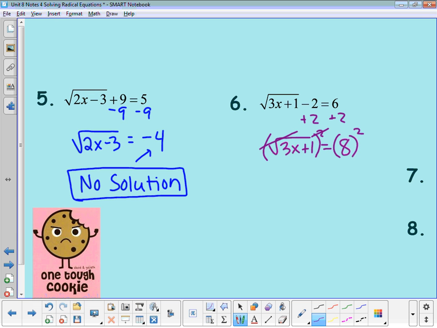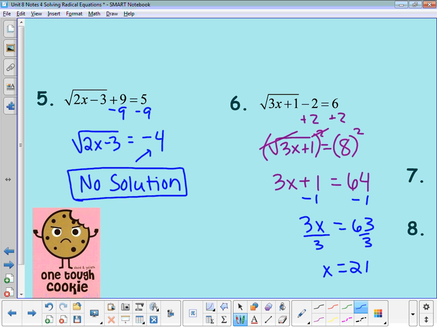This cancels that. I'm left with 3x plus 1. 8 squared is 64. And then I can finish solving for the variable. So I'm going to subtract 1. That's 3x equals 63. And divide by 3, and I get x equals 21. So there's my solution for number 6.